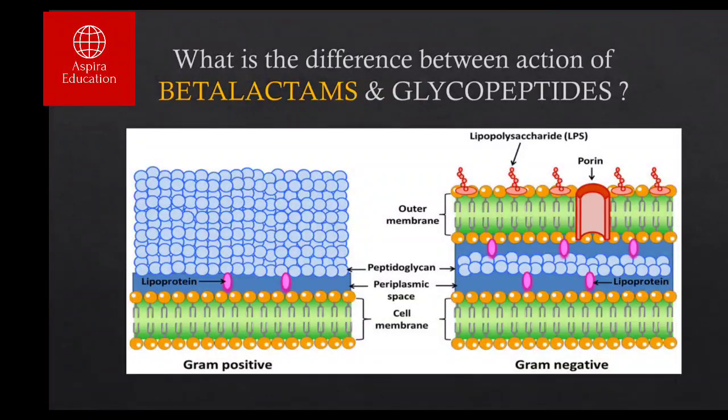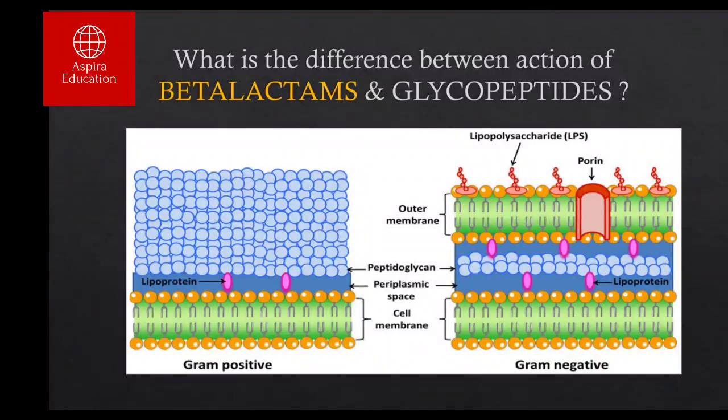So the first picture shows the gram-positive bacteria with an exposed peptidoglycan layer. The blue colored balls are the peptidoglycan chain. Whereas in the structure of gram-negative bacteria, after the peptidoglycan layer, there is an outer membrane made up of a bilipid layer.